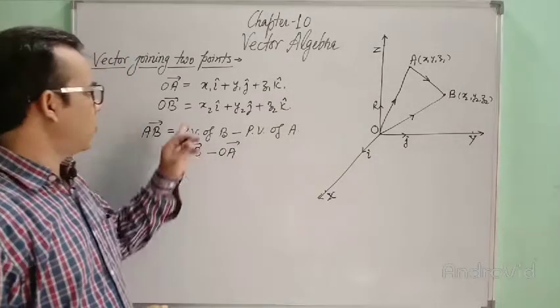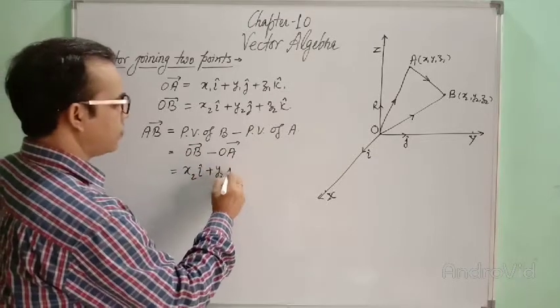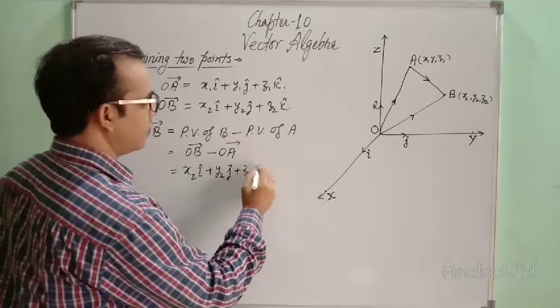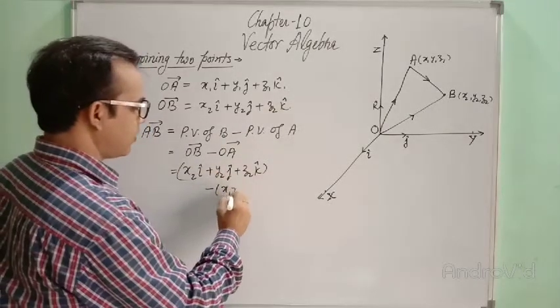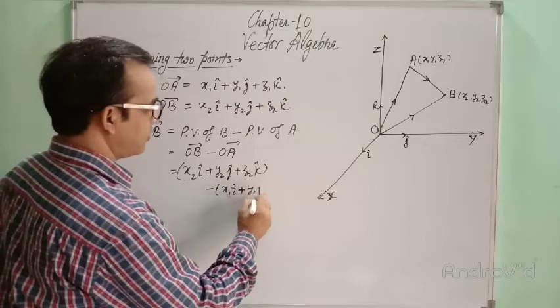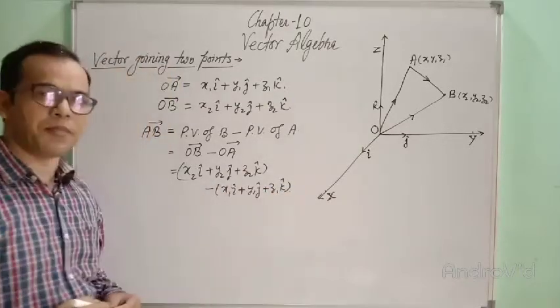Okay, so OB vector may be written as x2 i cap, y2 j cap, z2 k cap, and OA vector means x1 i cap, y1 j cap and z1 k cap.